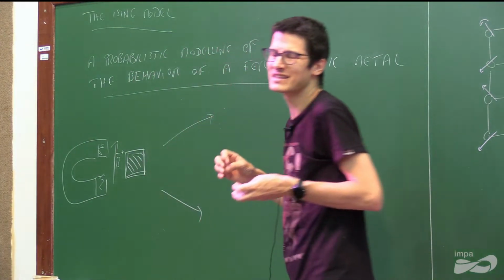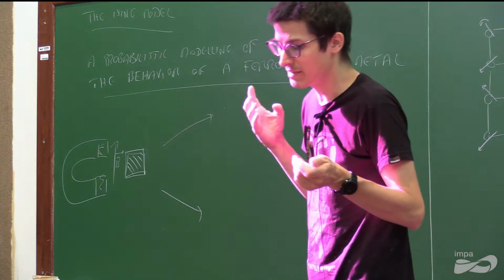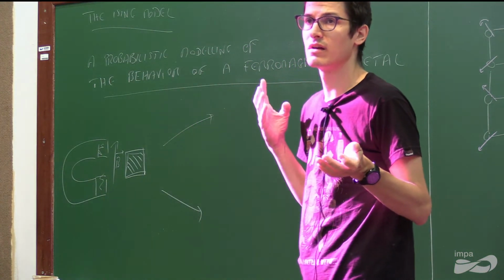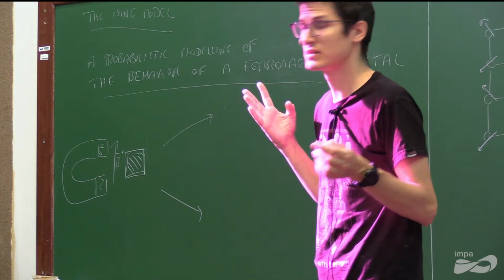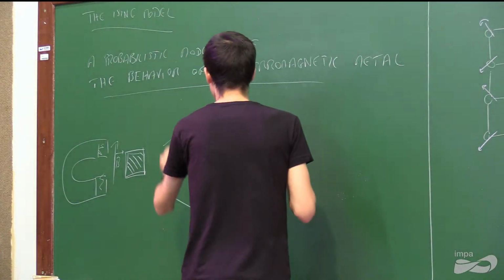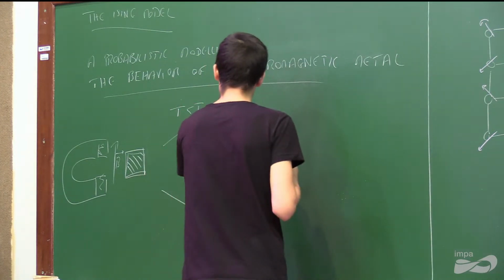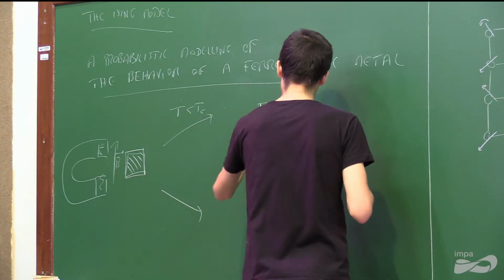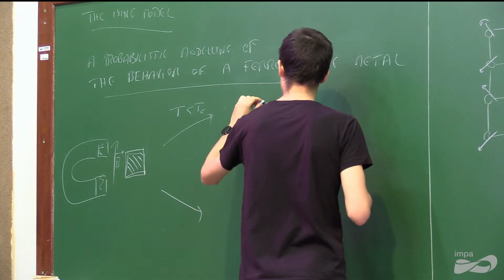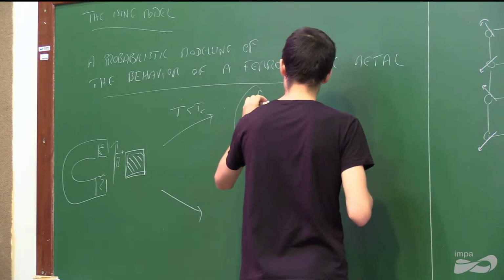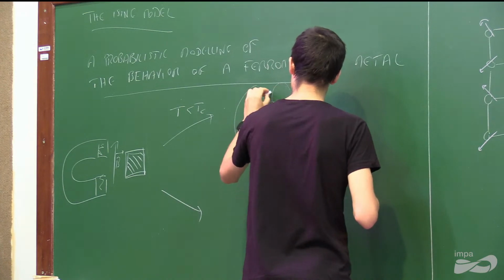And in fact, whether or not it remains magnetized depends on the temperature at which you're doing the experiment. So if the temperature is low, then after you take your metal away, it remains magnetized.